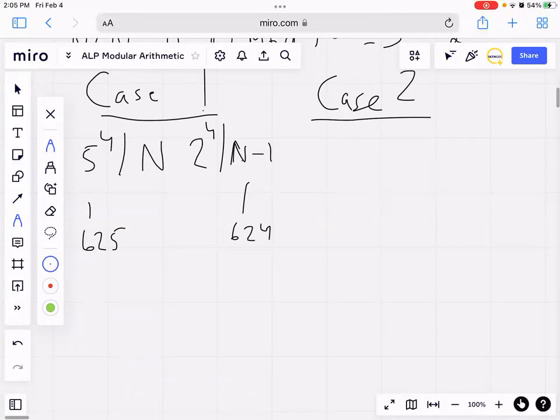And note that 624 is actually divisible by 2 to the power 4, or 16. So in this case, our answer would be n equals 0625, which does work. However, the problem statement says that a, the first digit of the last 4, cannot be 0. So this case does not work.